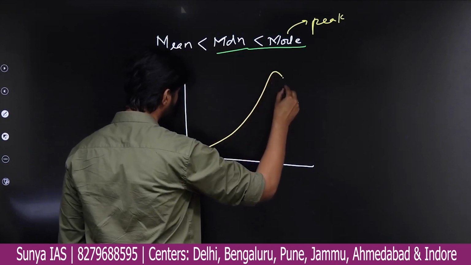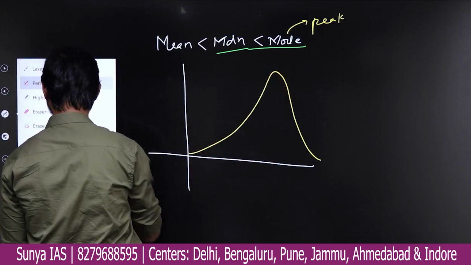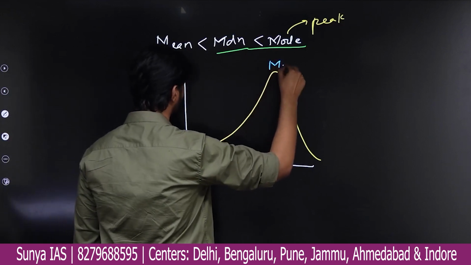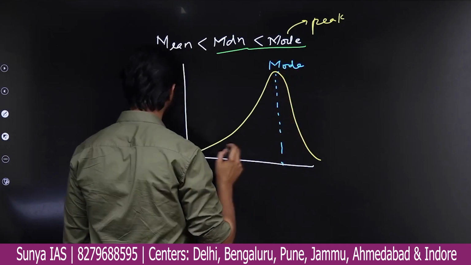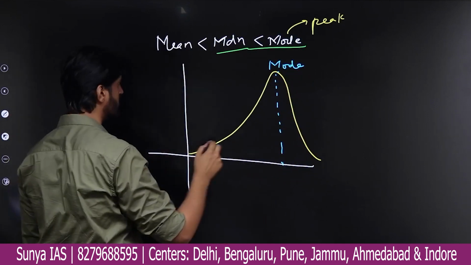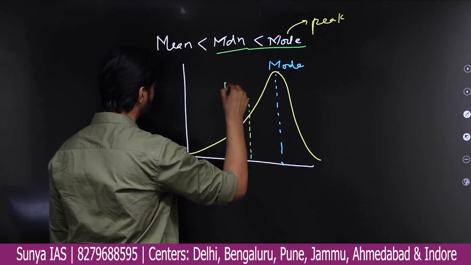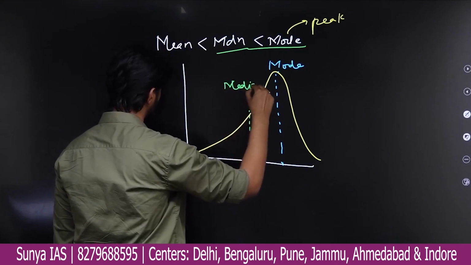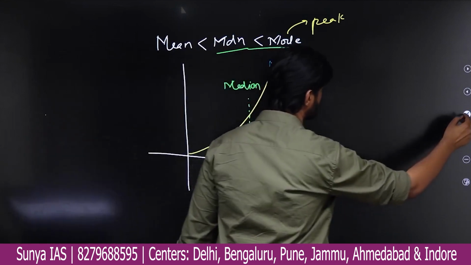So the peak is the mode. So here we have our peak which is the mode, right? And where is the median? Median will be somewhere here in the middle. This is the median. Median is nothing but the middle value.